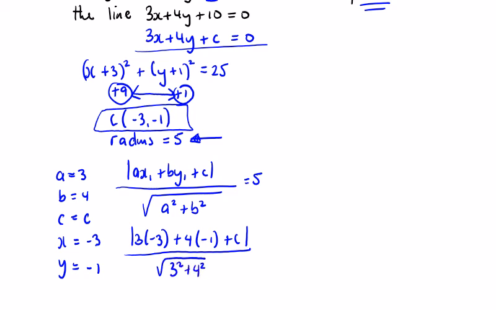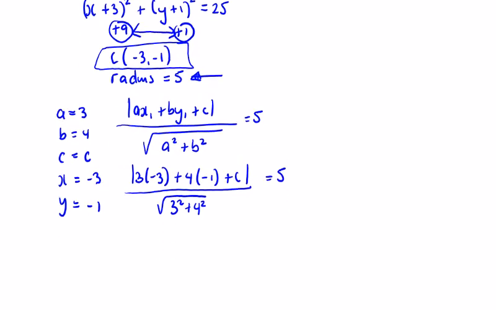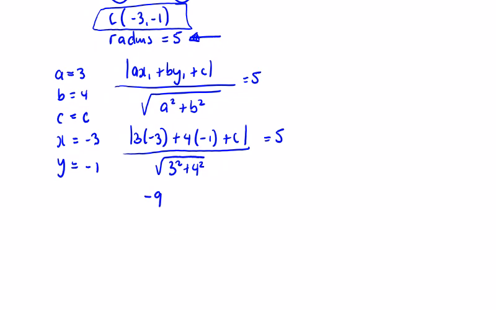And you can see here we need two solutions. There's two tangents, so we need to keep the absolute value this time equals 5. So we're going to have minus 9 minus 4 plus c over, you know that that's 5 on the bottom, equals 5. Now it could be equal to plus or minus 5. And that's where we can drop the modulus bars or the absolute value.